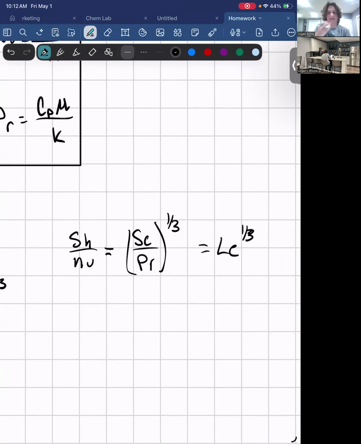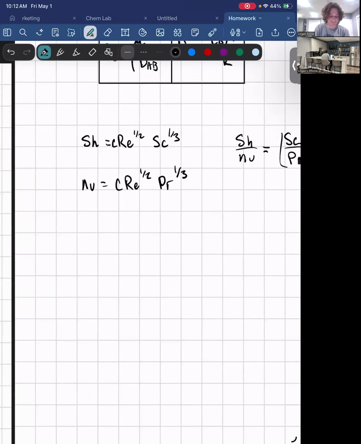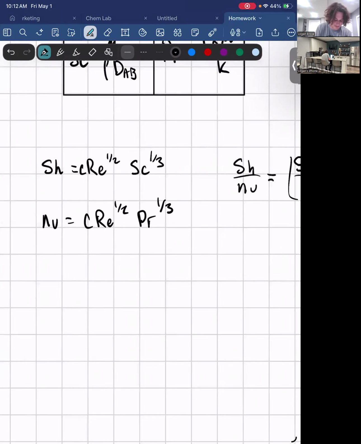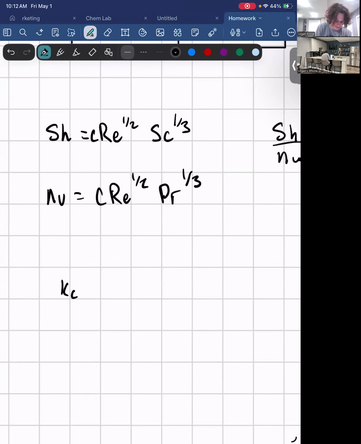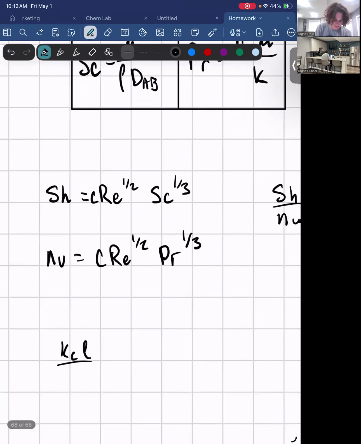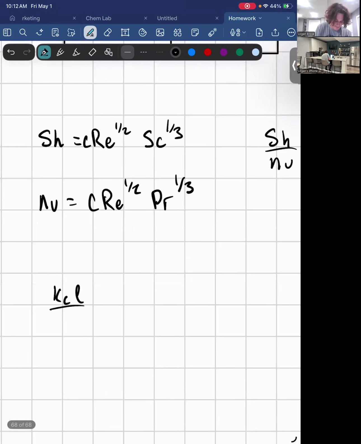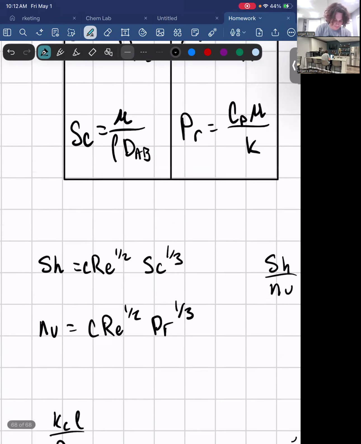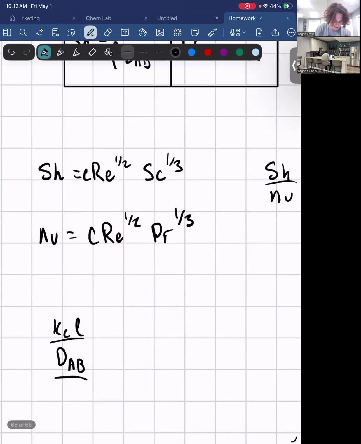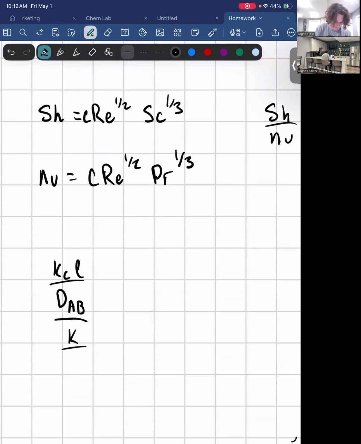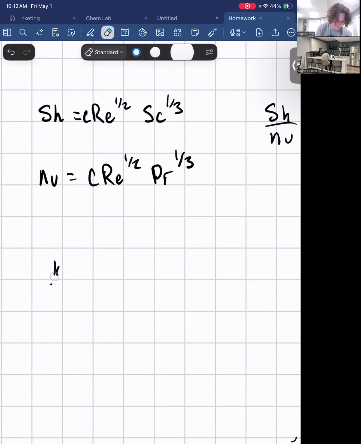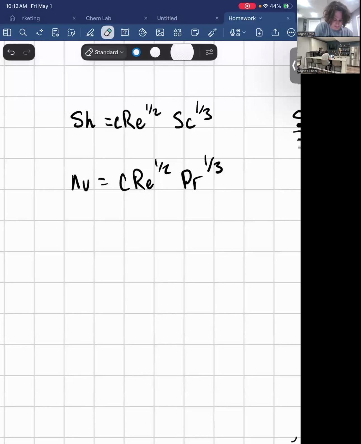Now that we have that, we can plug in these values. So Kc delta over our DAB over our K. Sorry, this is wrong. So what we want to do is we're just going to multiply.